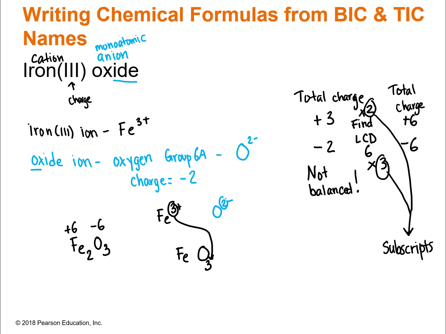The 2 from the 2- charge of the oxygen, you put as the subscript for the iron. So whenever the charges do not match, then you can swap them. You take the charge of the cation and make it the subscript for the anion. And the same is true for the anion. You take that and make it the subscript for the cation.